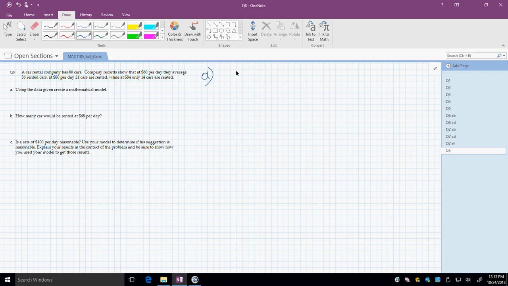It's going to be $60, 56 cars, $80, 21 cars rented, and if we charge $84, only 14 cars are going to be rented.